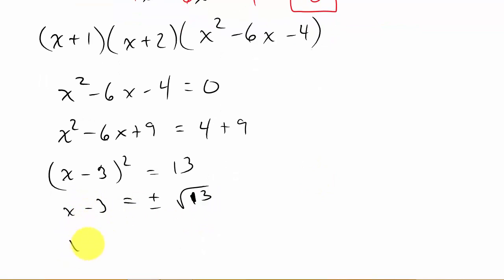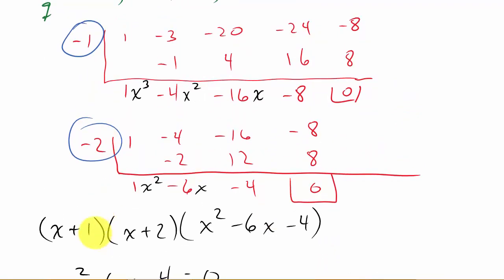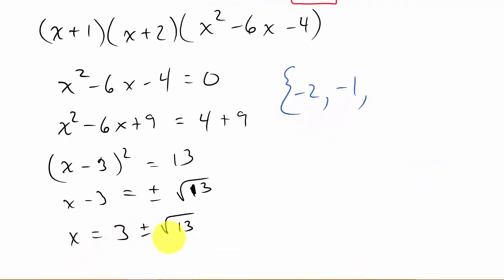Add the 3 to both sides: x equals 3 plus or minus the square root of 13. So our solutions are negative 2, negative 1, and 3 plus or minus the square root of 13.